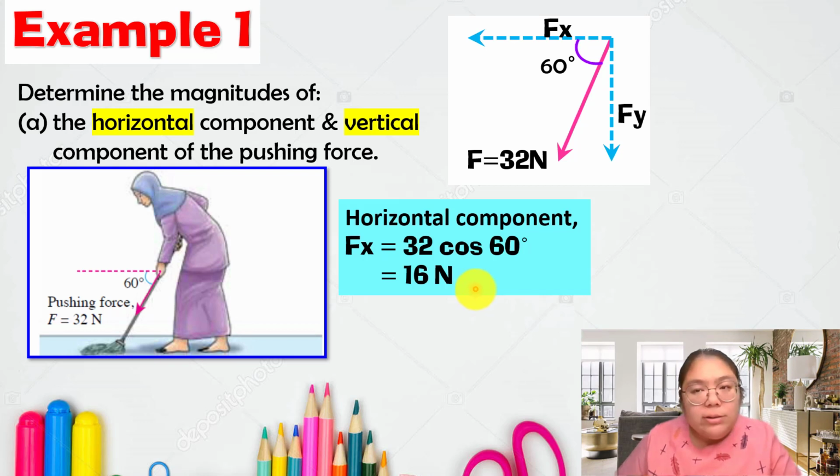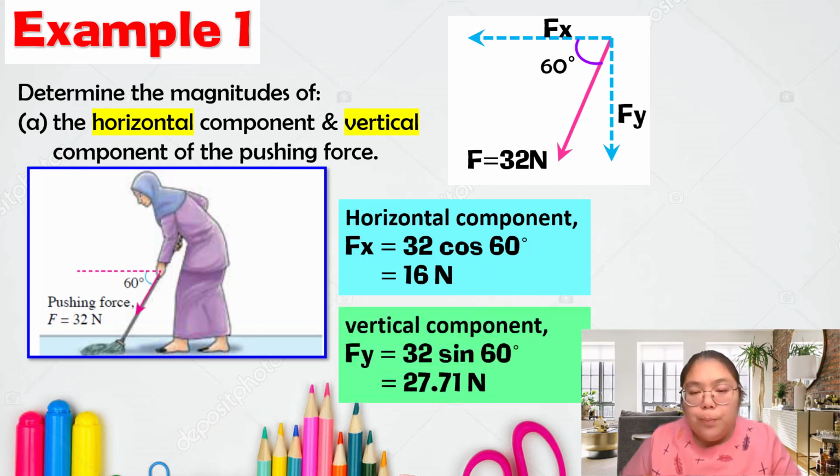One uses cos, so the other one must use sine. We need to show the vertical component, Fy: 32 sine 60. For the Fx they go to the left, for the Fy they go downwards. So the answer for Fy is 27.71 Newton. This one is the answer for part A.